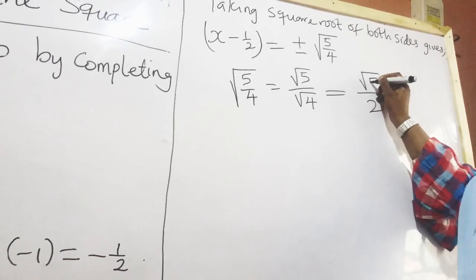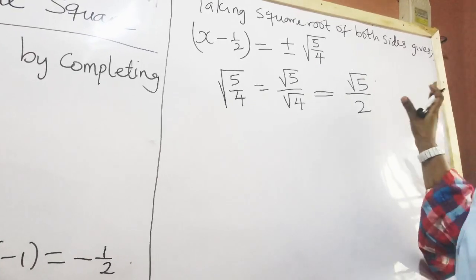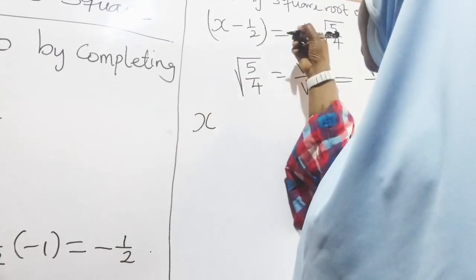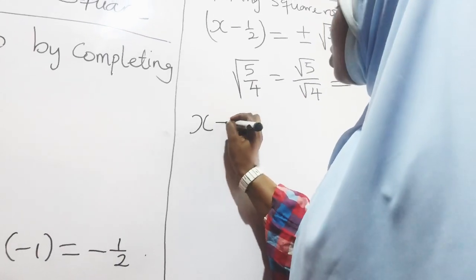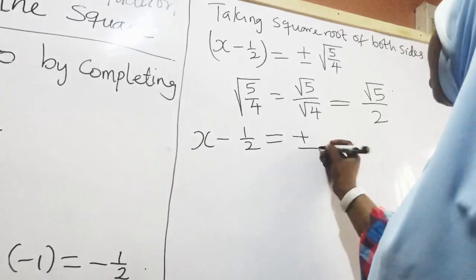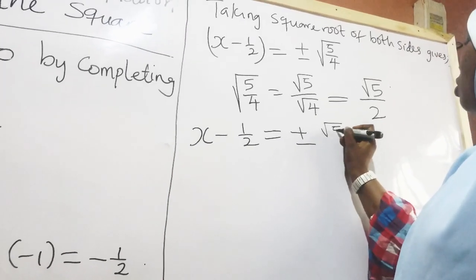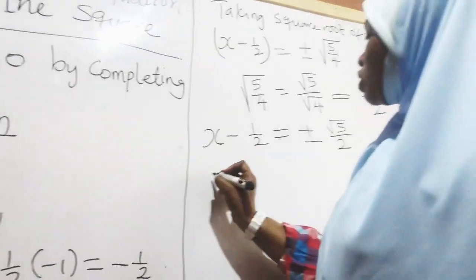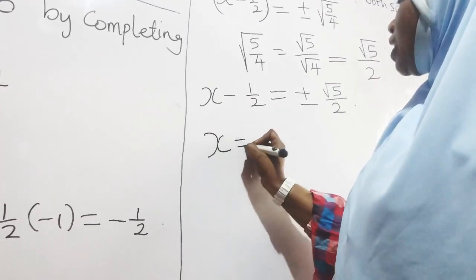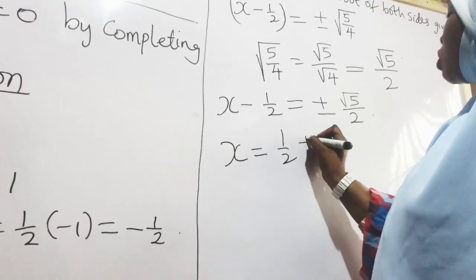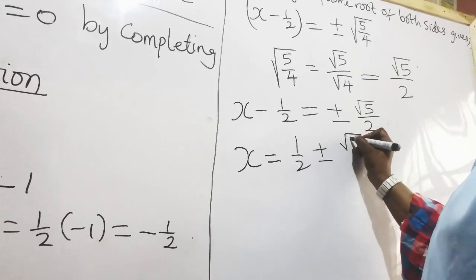Root 5 is irrational, so we write it back. So back to the equation we are dealing with, x minus 1 over 2 is equal to plus or minus root 5 over 2. We want to make x the subject of the formula. So we have x equal to 1 over 2 plus or minus root 5 over 2.